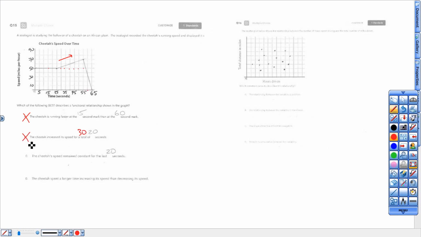The cheetah's speed remained the same for 20 seconds. 5, 10, 15, 20, 25 seconds. It was going the same speed, so that's no good. The cheetah's speed spent longer increasing than decreasing. Looks like it spent 5, 10, 15, 20, 25, 30 seconds speeding up versus right here slowing down 10 seconds. So that one is the true statement.